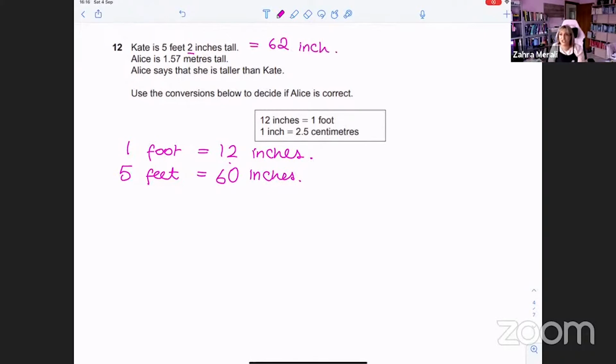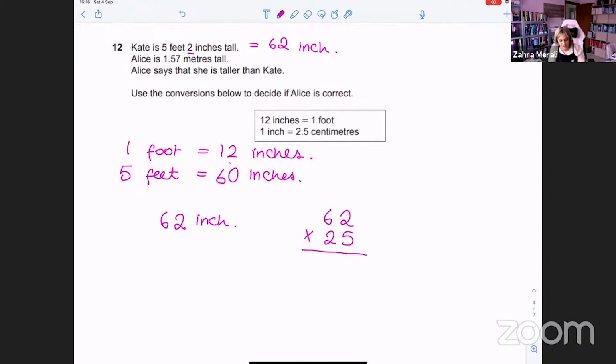Now, 1 inch is 2.5 centimeters. So 62 inches must be 2.5 times 62. Now, when you multiply decimals, what you do is you pretend like the decimal isn't there to start with. So we're going to do 62 times 25, right?